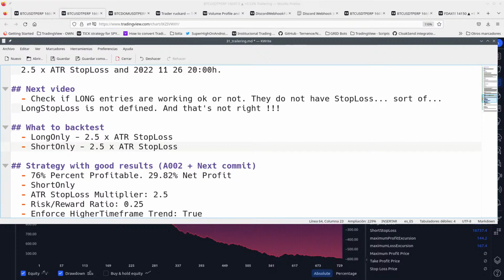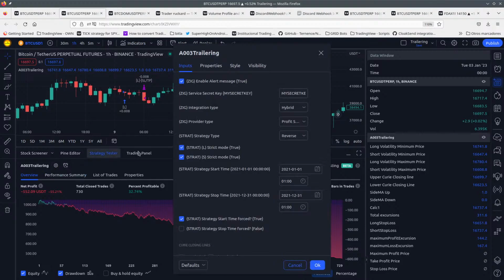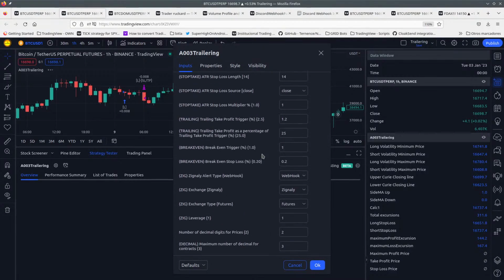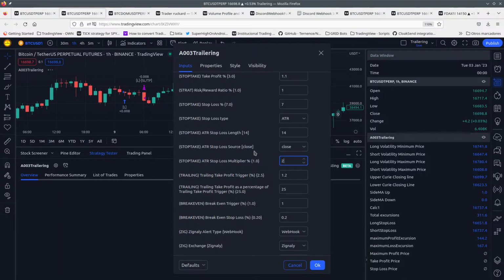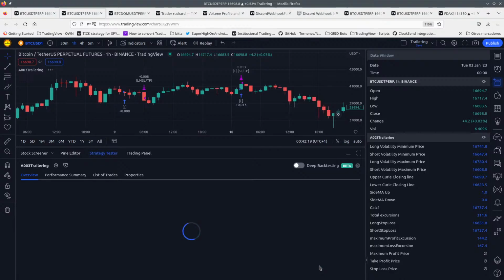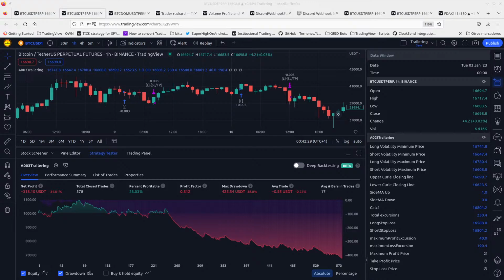So first of all, we reset everything. We say long only, and we say 2.5 ATR, because I think that's what we want to have here. So 2.5 ATR, and we press OK. I'm not sure what I want to have here. Wait a moment.